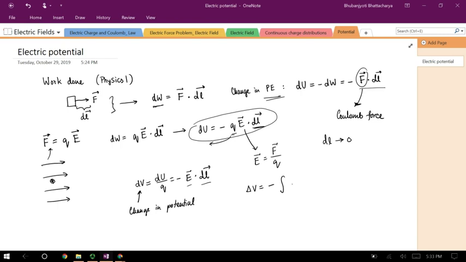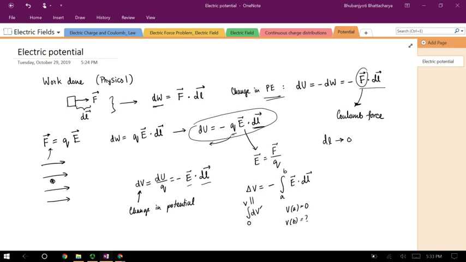So delta V is the integral of dV from some place where the potential is 0 to the full potential, which will be equal to negative the integral of E dot dl from the place where the potential was 0. Let's say that place is A, where V of A is equal to 0, to B, where we are trying to find the potential. So V of B is what we are looking for.